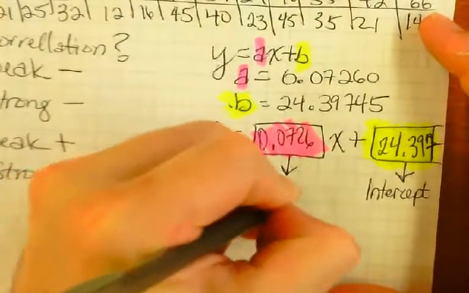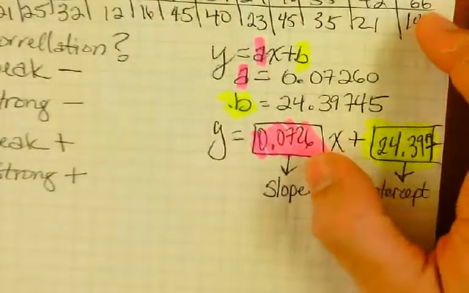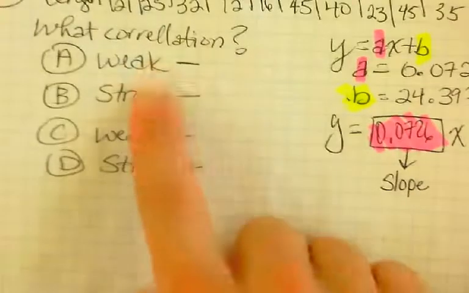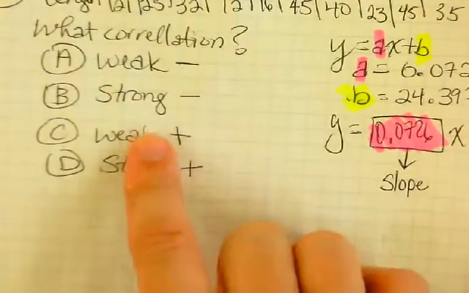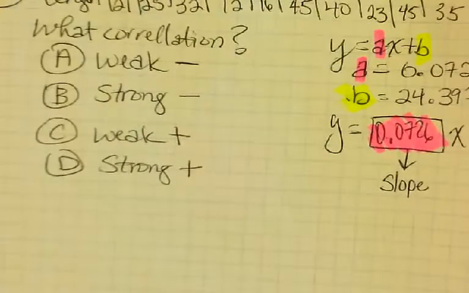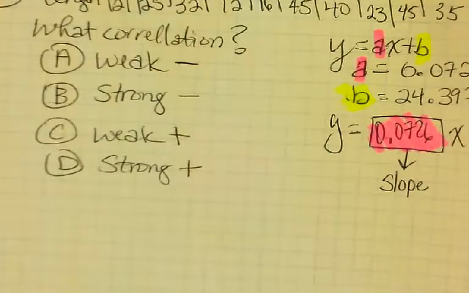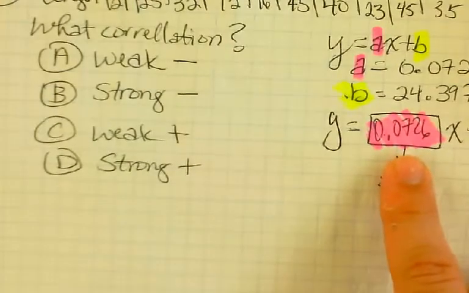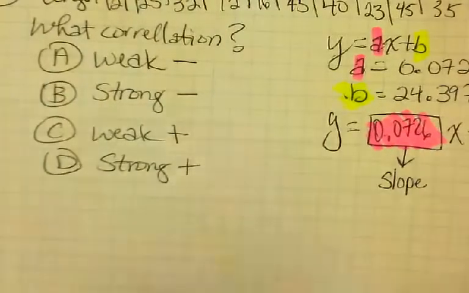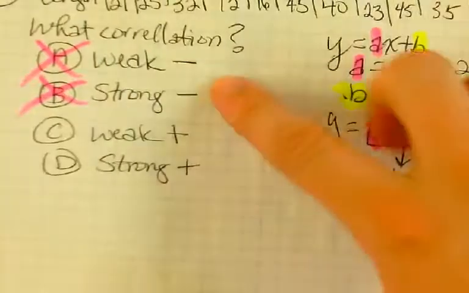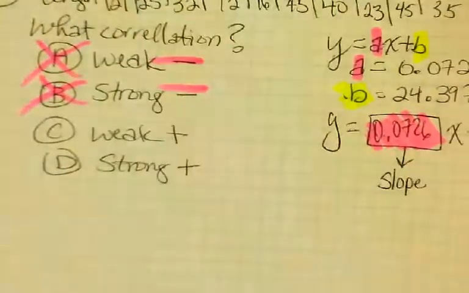Now let's try to use our slope here to help us with some of these. Weak, negative, strong, negative, weak, positive, strong, positive. Eric, our slope, is it positive or negative? It's positive. So it's not A and it's not B because both of these say negatives. And our slope has to be positive.